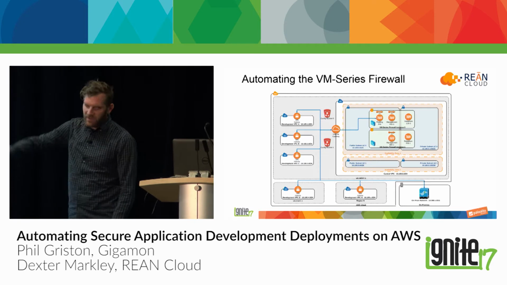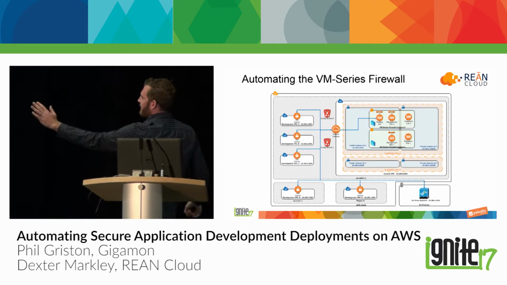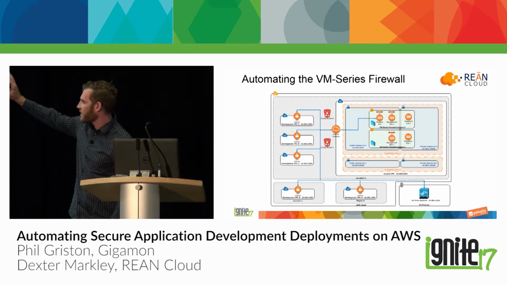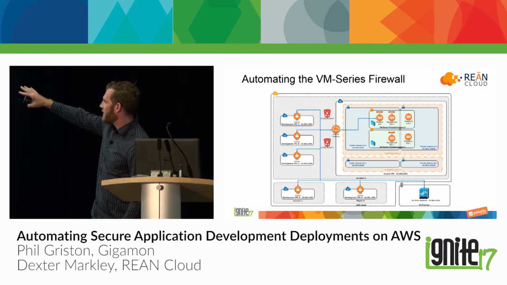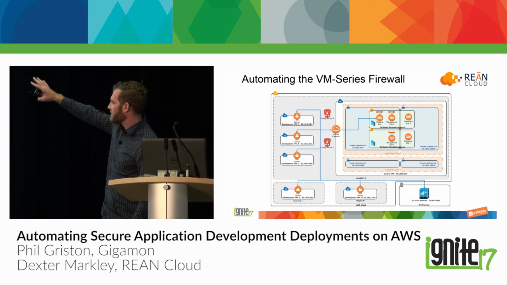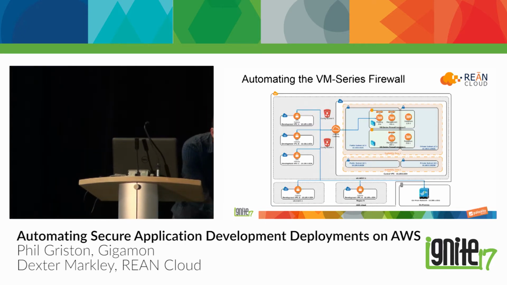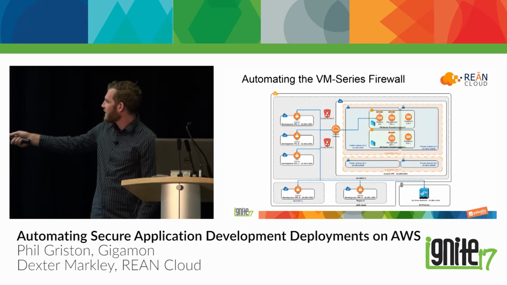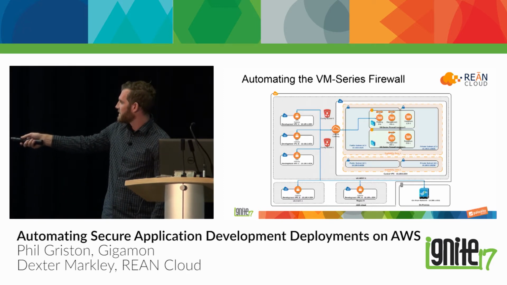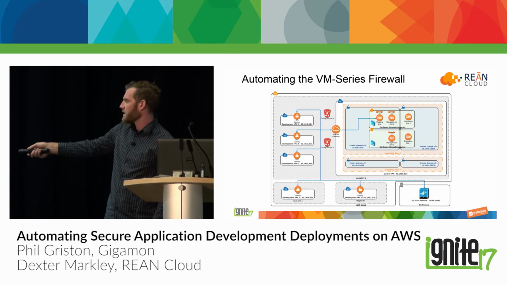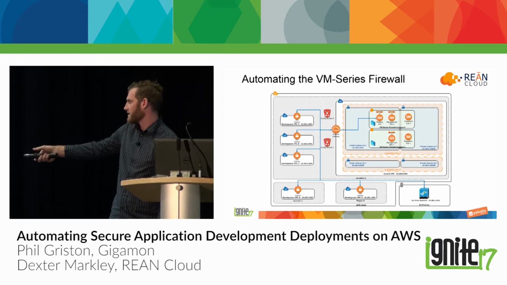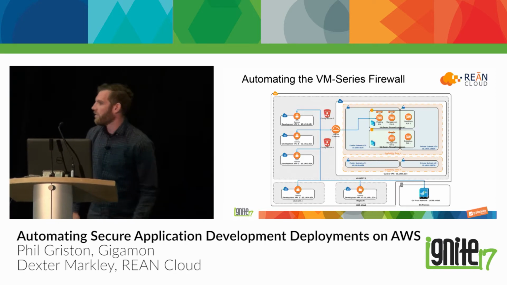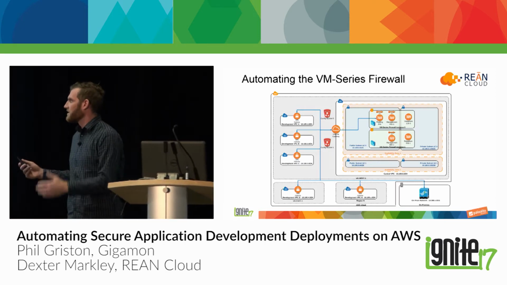But over on the far-hand side, the left hand for you guys, we have development VPCs that are all connected already to the Palo Alto VM Series firewall. And we can see right here, we have their on-prem is connected. We have different development VPCs that are connected, and we even have different regions that are able to be connected to the system. So I will go ahead and walk through how we built this from start to finish.